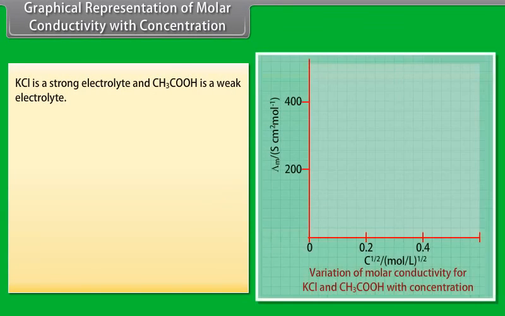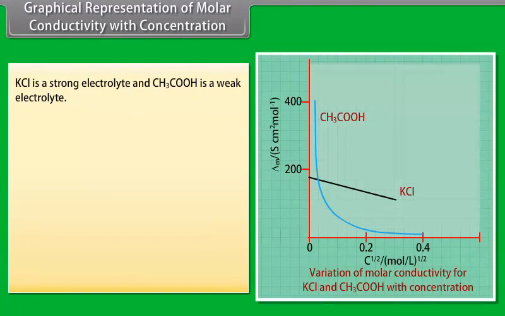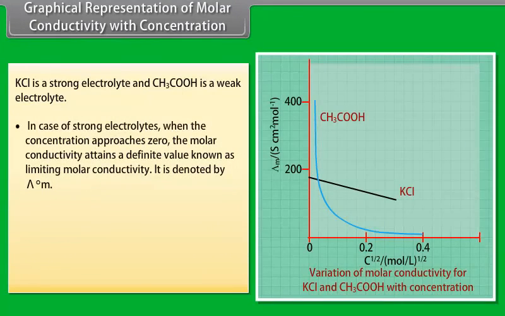The resistances R1, R3 and R4 are so adjusted that a null point is obtained. The null point is indicated by the detector P. At null point, R1/R2 = R3/R4. R2 is the resistance of electrolytic solution.